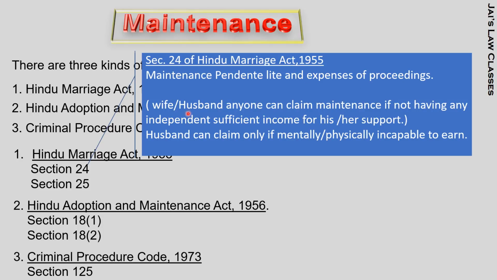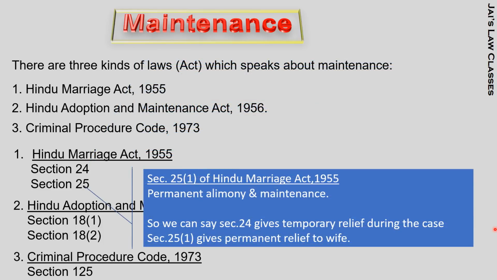It says that a wife or a husband, even a husband, to be noted, anyone can claim maintenance if not having independent sufficient income for his or her support. Husband can claim maintenance only if he is mentally or physically incapable to earn. Next is section 25 of the Hindu Marriage Act.